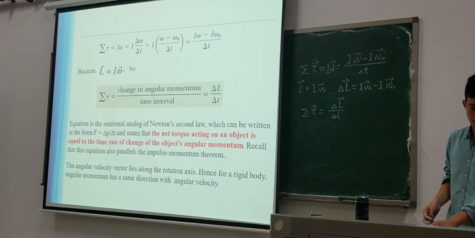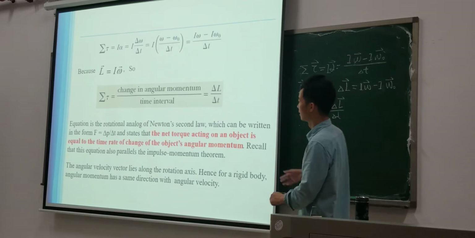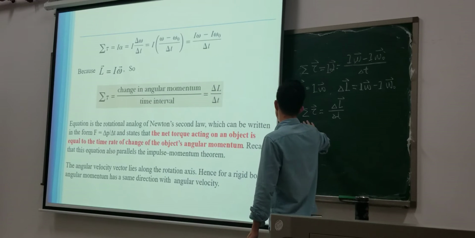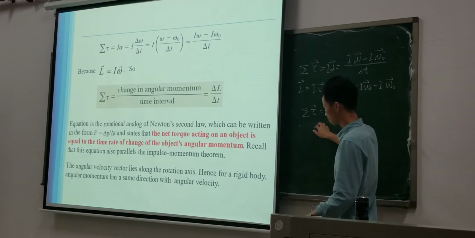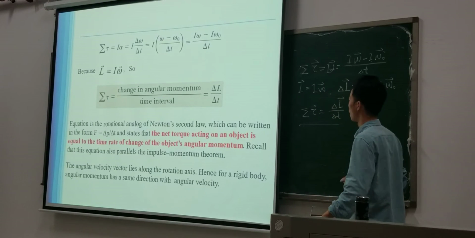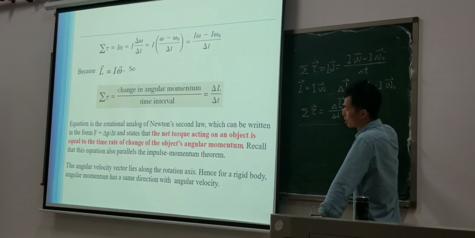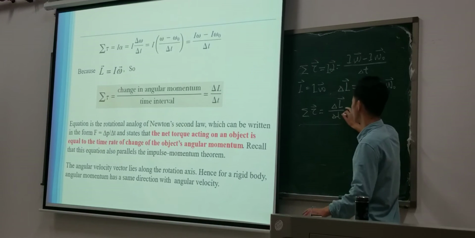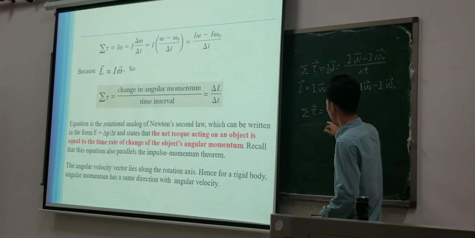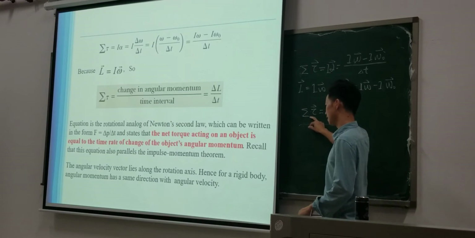This is an analogy. This equation means when we exert a torque on an object, the angular momentum will change, and the rate of change, delta L over delta t, is equal to the net torque.